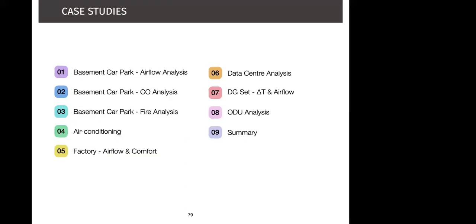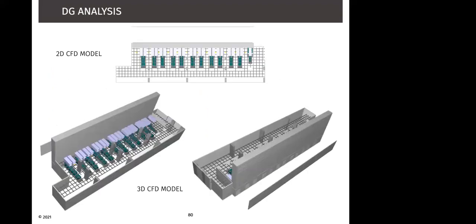The next case study that I'll briefly talk about is the DG set delta T and airflow analysis, where you have a DG room with, I think, 12 DG sets placed in the room. For each DG set, 2 ventilation fans have been provided for cooling the room, cooling the DG set.